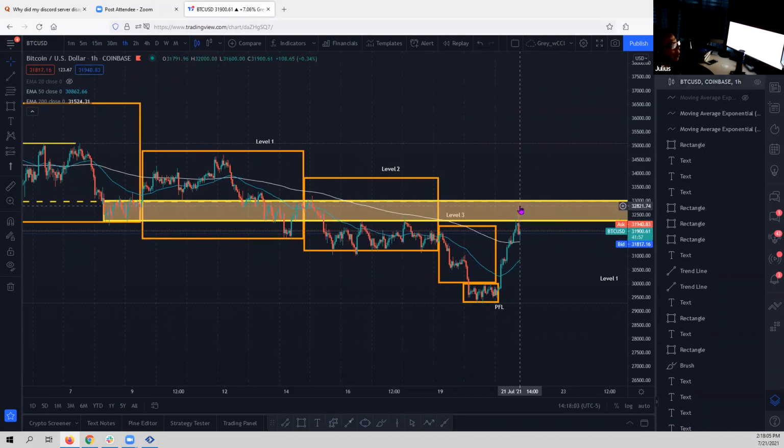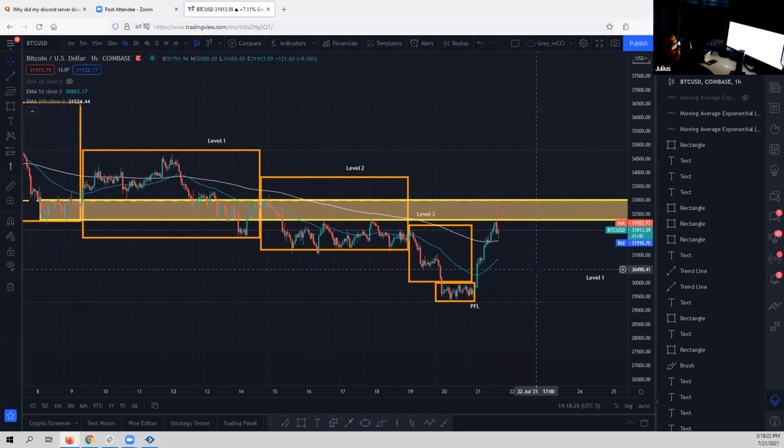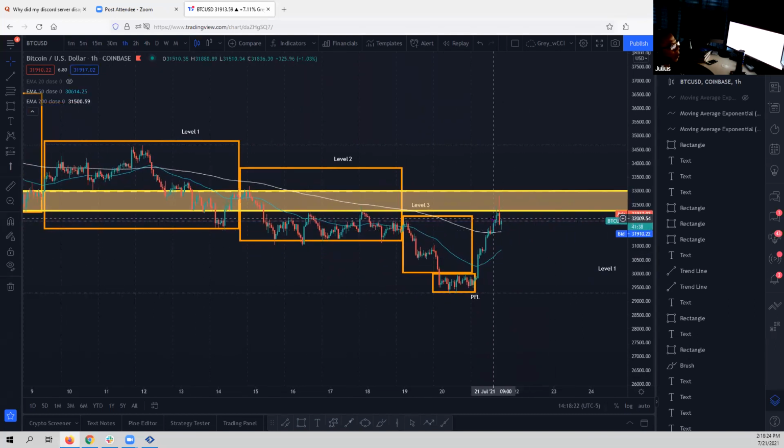It pinned it, but did not create a candle to close above it with forward momentum. It just pinned it and stayed under it, keeping all this liquidity super tight still. Make sense?